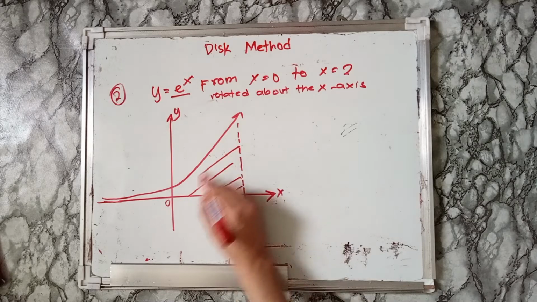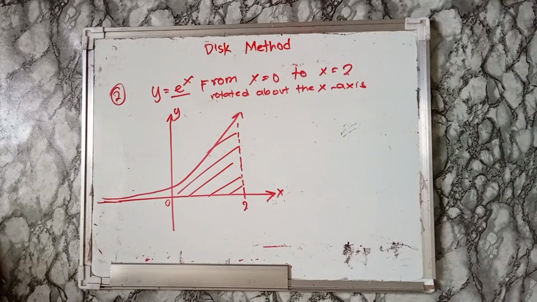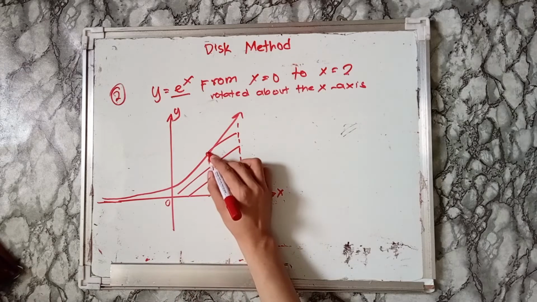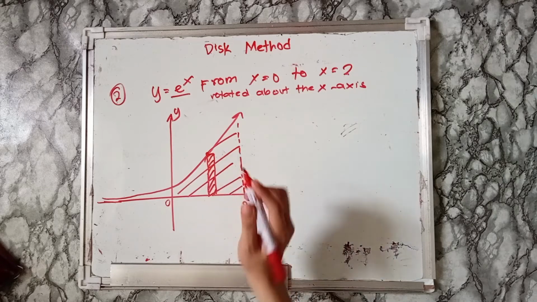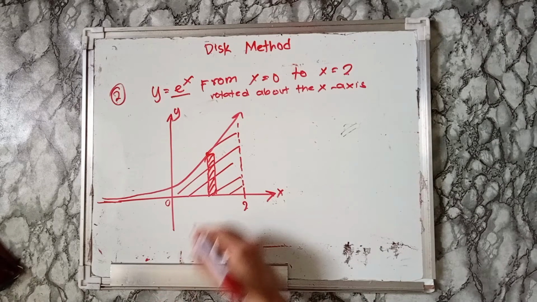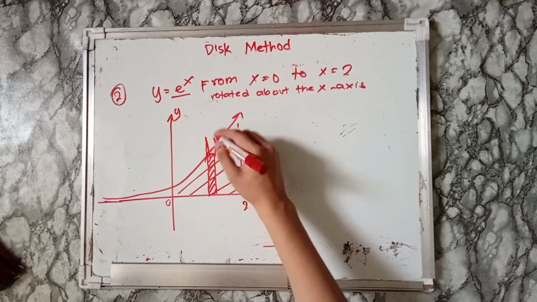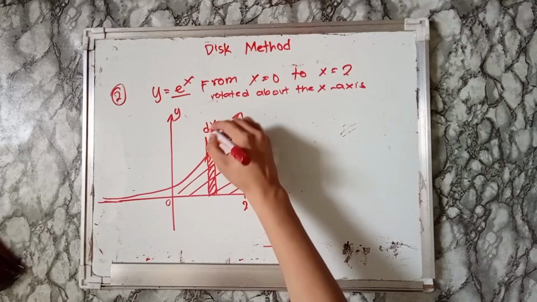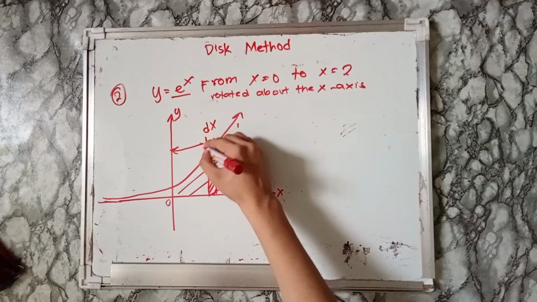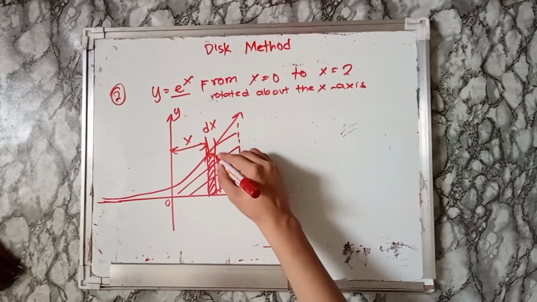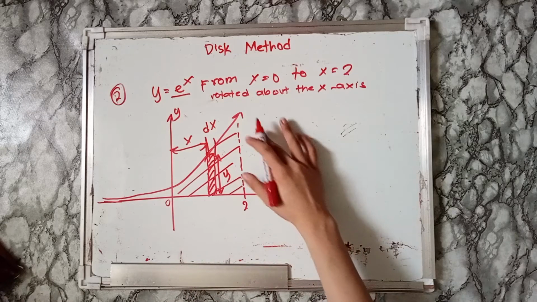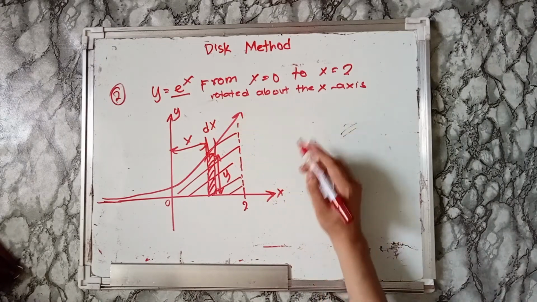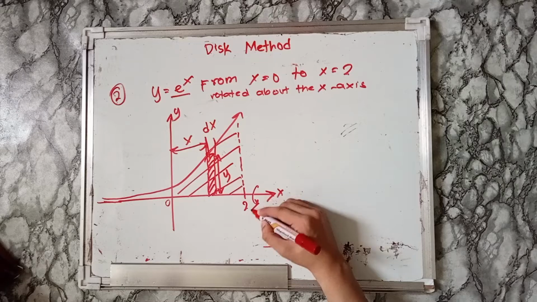So our area of interest is here. And then, of course, we need to draw a vertical strip. So this is our dx, the width of the vertical strip, and of course our x and our y. And it says here that it is rotated about the x-axis.